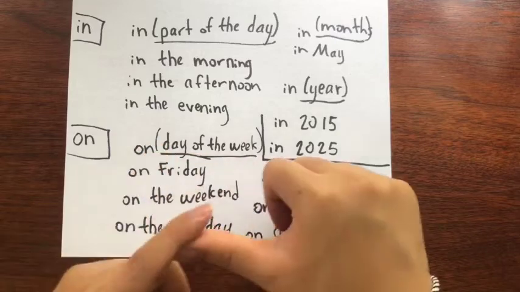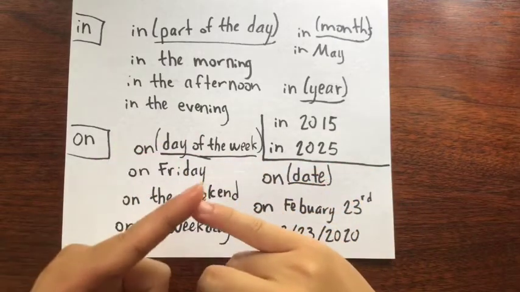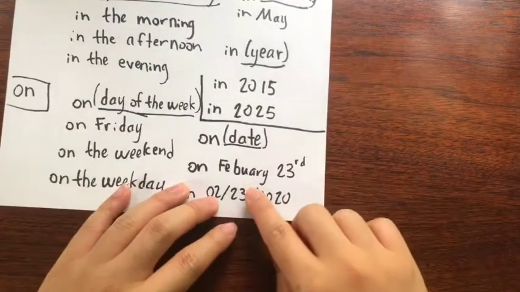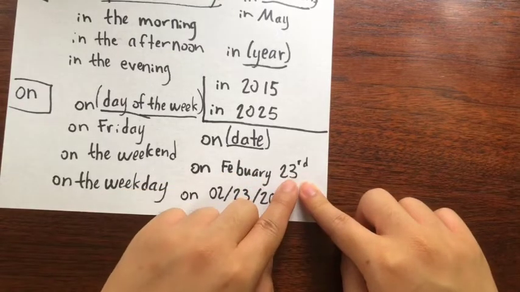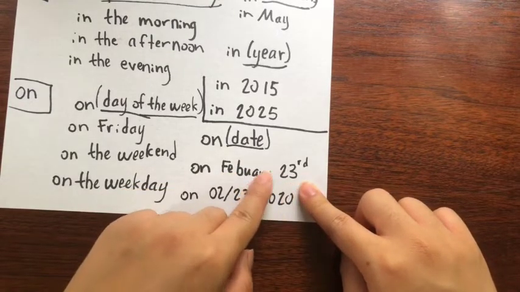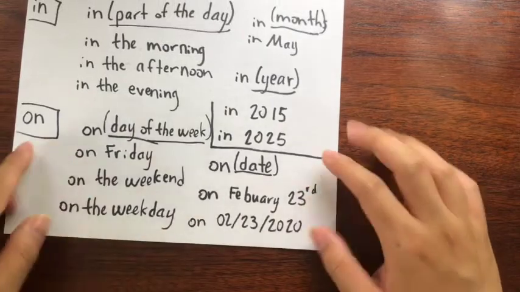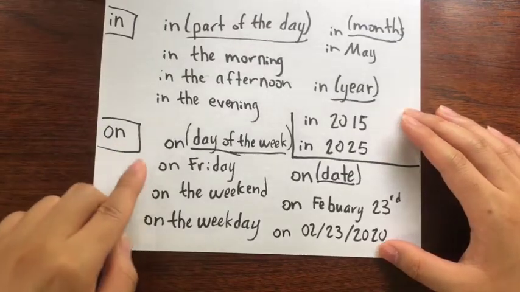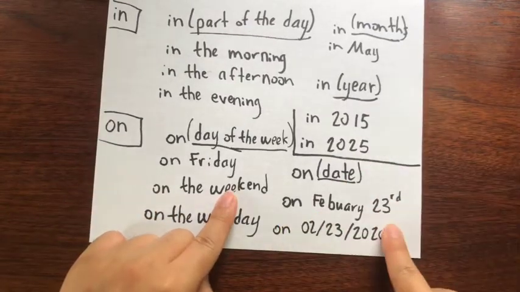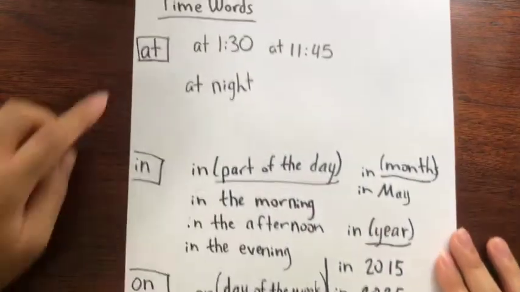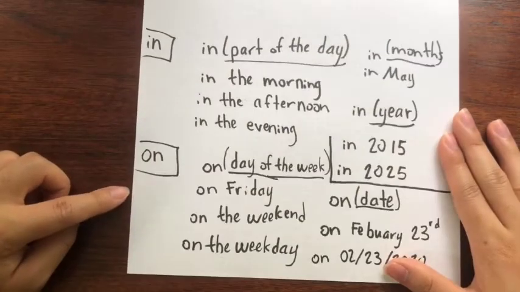The day is Monday, Tuesday, Wednesday, Thursday, Friday. The date is the month and the number of the day. So this is February 23rd. We use the word on for them. On the weekend, on February 23rd. So we have at, in, and on.